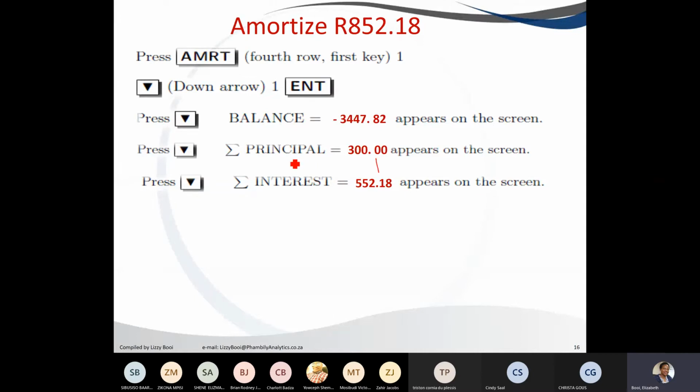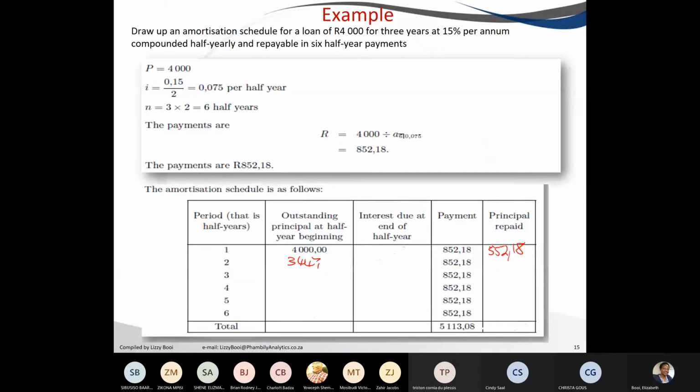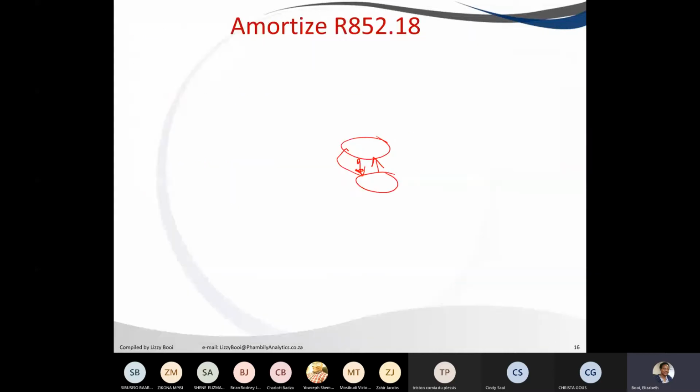Sorry, my bad. You must swap my values around. So this is principal repaid, and our interest is 300. So when you press 1 the first time, it gives you everything relating to the first payment: the closing balance, the principal repaid, and the interest.